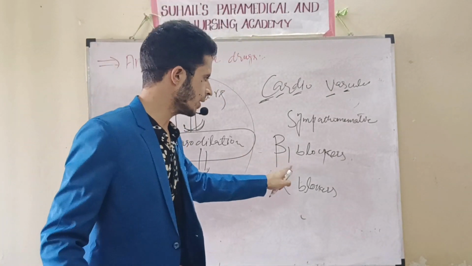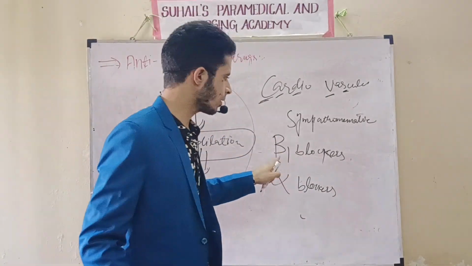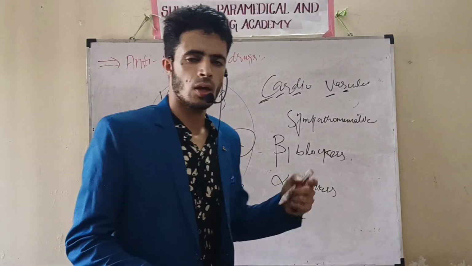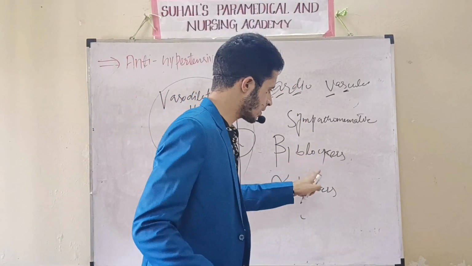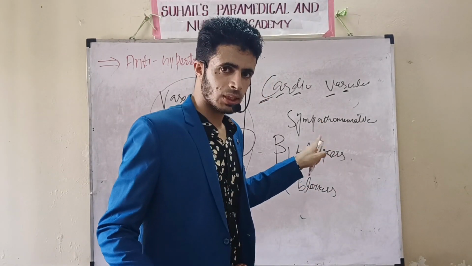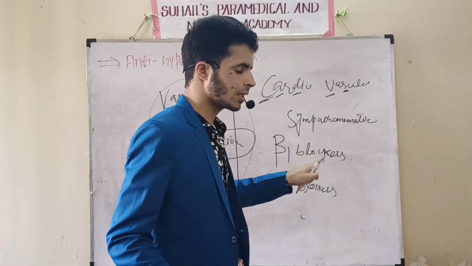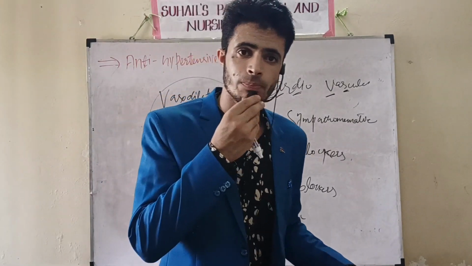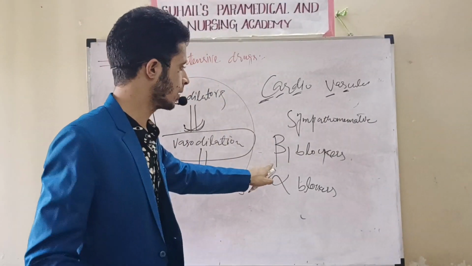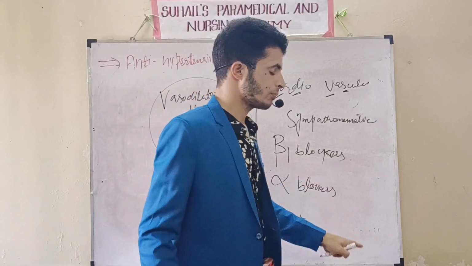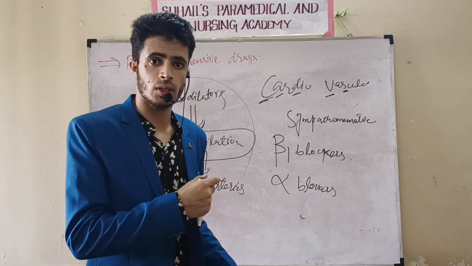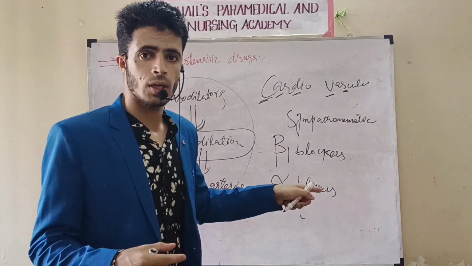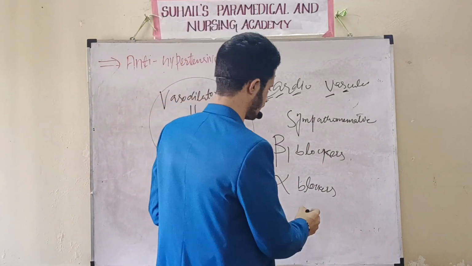And remember the point that these beta 1 are the receptors which are present in the kidney, which are present in the blood vessels. These receptors have a role in vasoconstriction. When these receptors are blocked, there will be vasodilation.